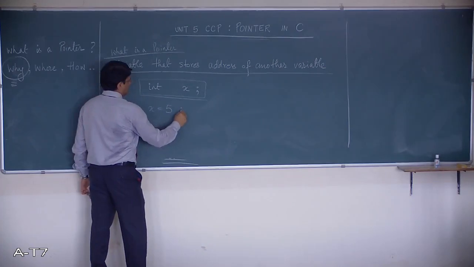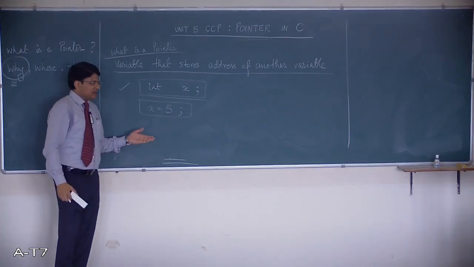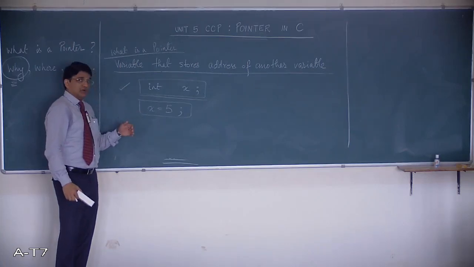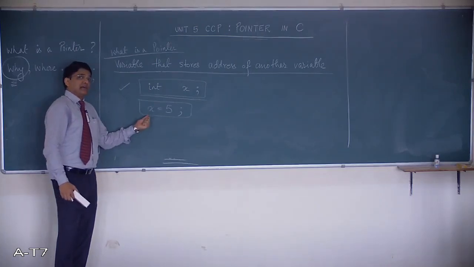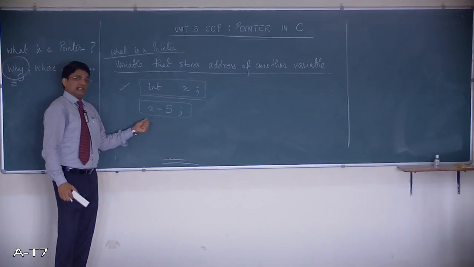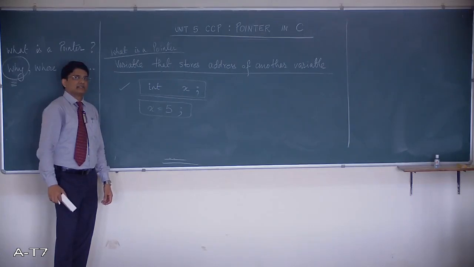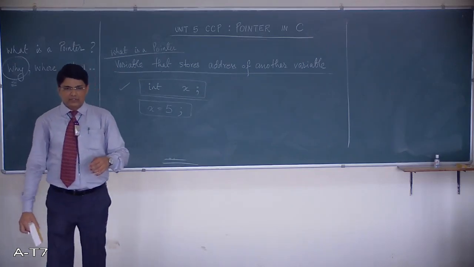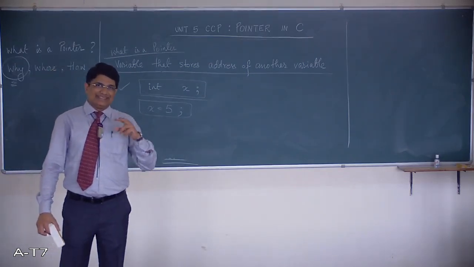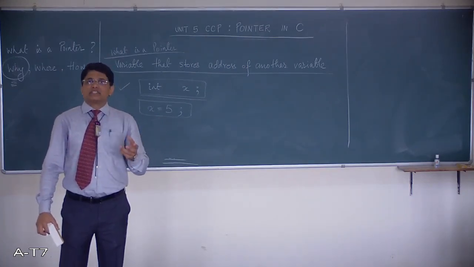Now, if we say x is equal to 5, this is an assignment statement. Who is writing it? The programmer is writing it. For whom am I writing this statement? For the compiler. And what action does the compiler take now on seeing this? That the value 5 has to be stored inside x. Think about this. What the compiler does after reading the statement x is assigned 5, it first has to find out what is x.